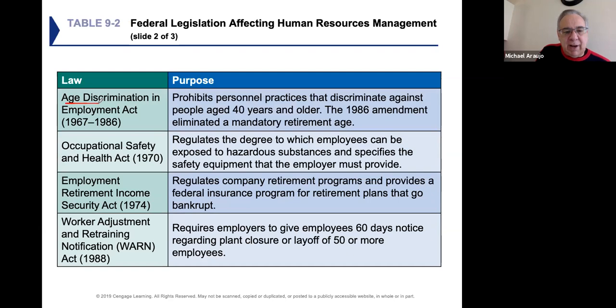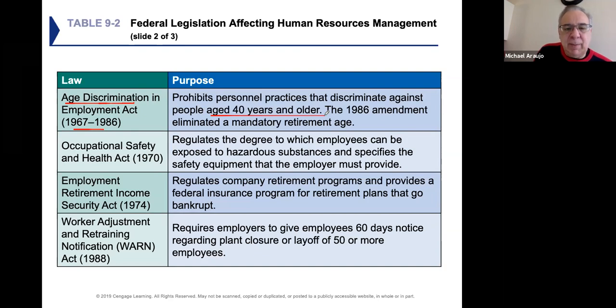Certainly, there's a lot of age discrimination even today, although it's changing a lot. This law was back in '67, updated in 1986. It's about folks who are 40 and older, basically saying that just because they're older doesn't mean they should be discriminated against.